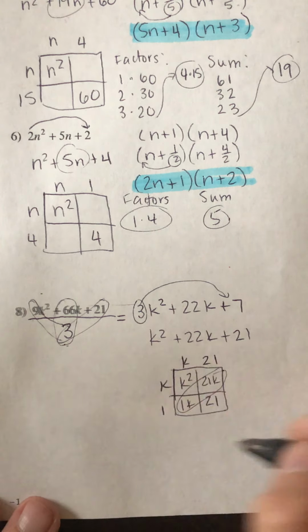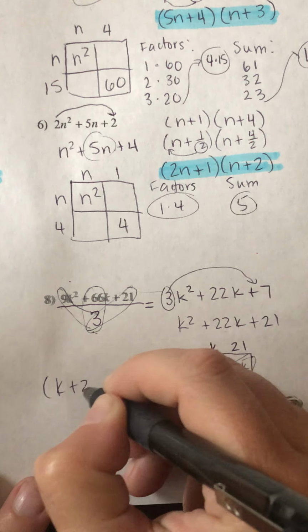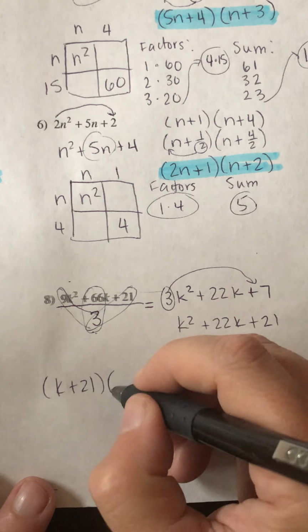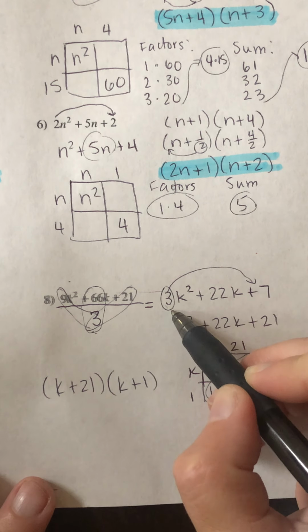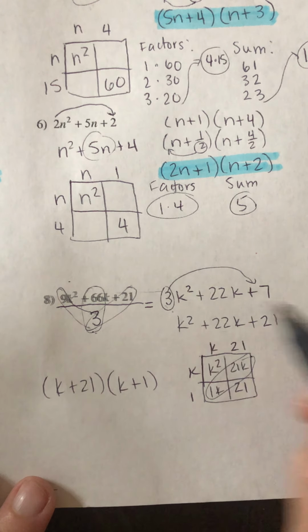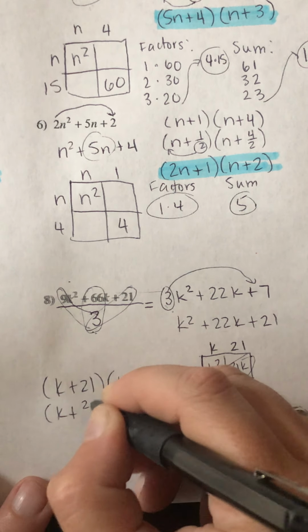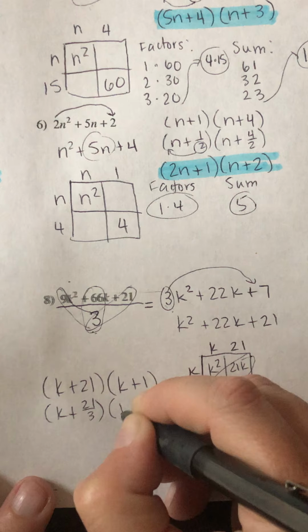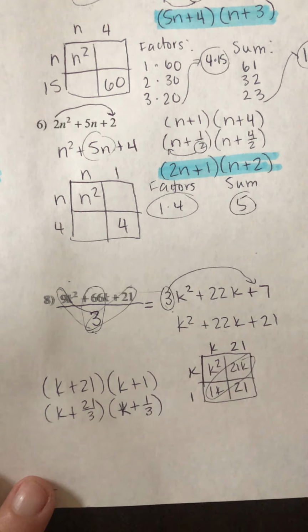All right, so we're going to come over here and do k plus 21 times k plus 1. We are dividing it by 3 because that's where we're working backwards now. So k plus 21 over 3, k plus 1 over 3.